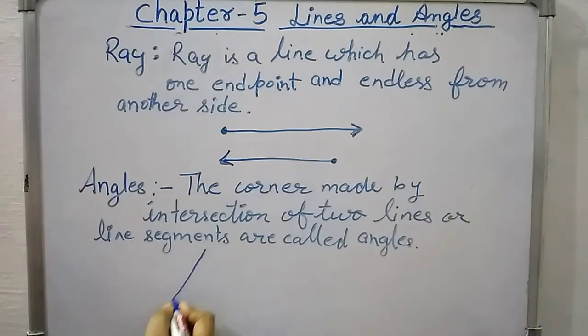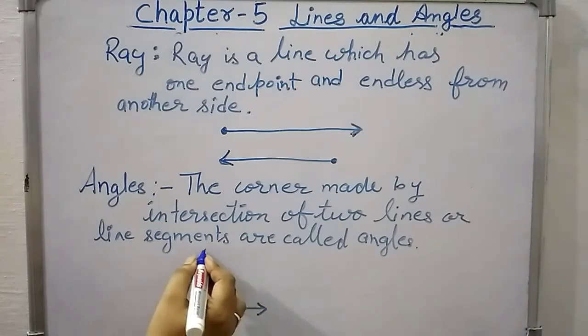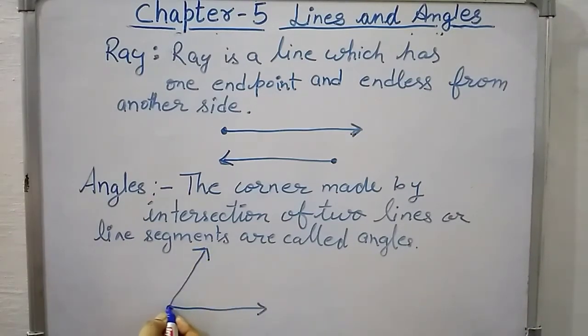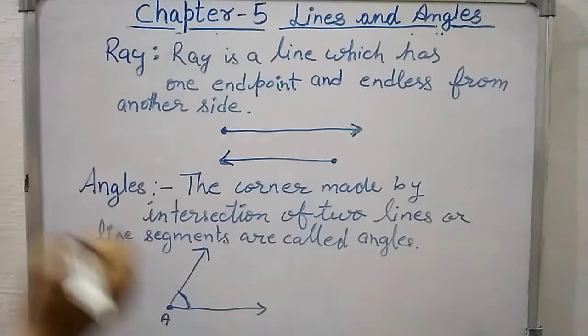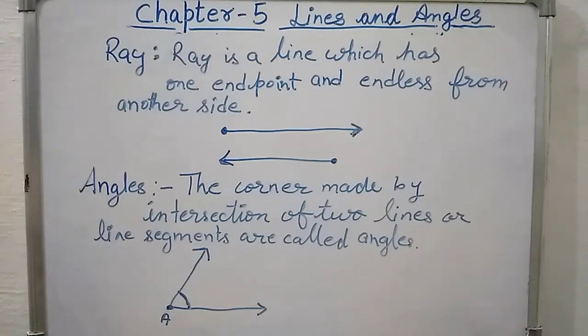If I draw two lines intersecting each other at point A, this corner is called an angle, or you can say two lines having one common end point make an angle. Angle can be made with line segments also. If these are two line segments AB and BC, this is angle B made by line segments AB and BC.